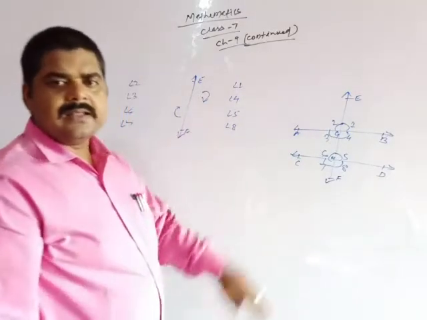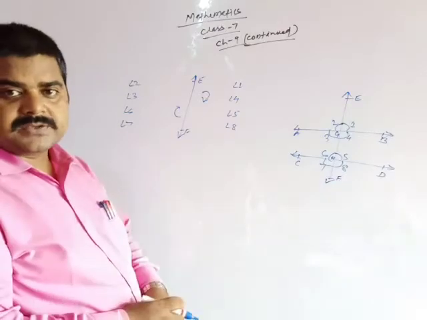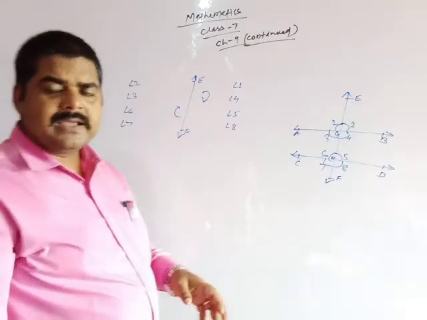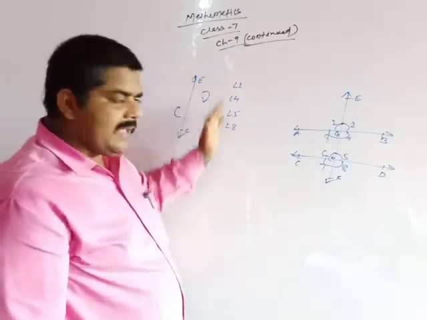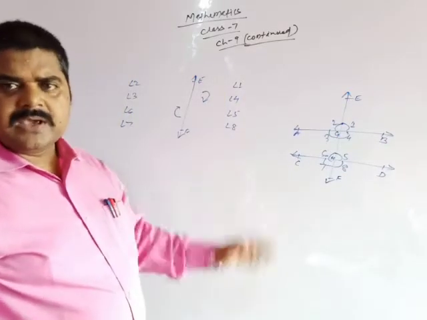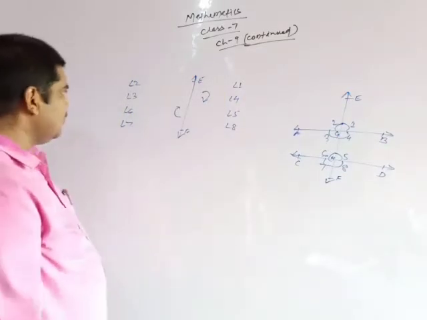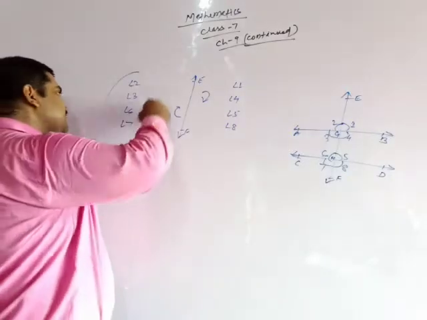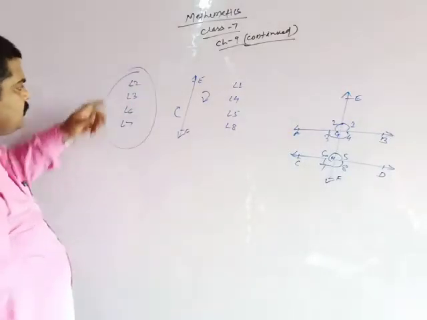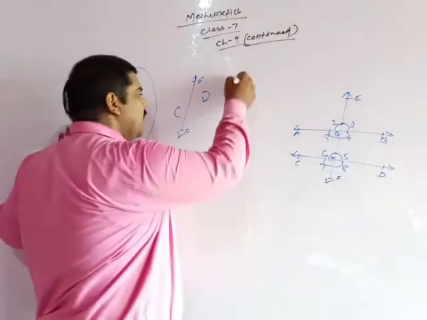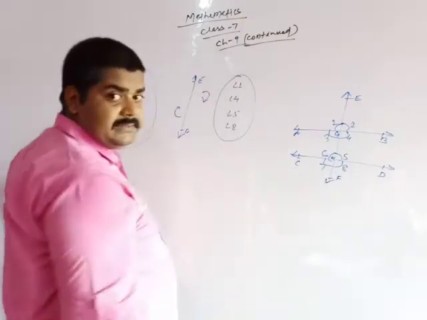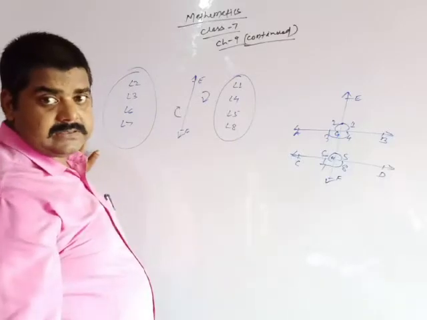Regarding corresponding angles, the angles are related to the same side of the transversal. Same side of the transversal means it is related to either 2, 3, 6 and 7 or 1, 4, 5 and 8.